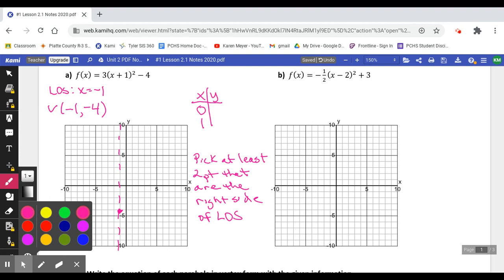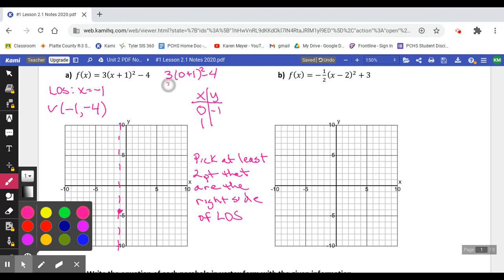So I'm going to go 3 parentheses 0 plus 1 quantity squared minus 4. So then I would type that into my calculator just like I have it written, and you should come up with the answer of -1. Now the next time I would substitute in 1.